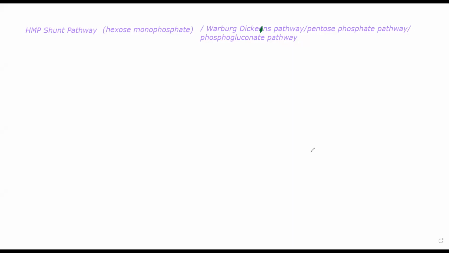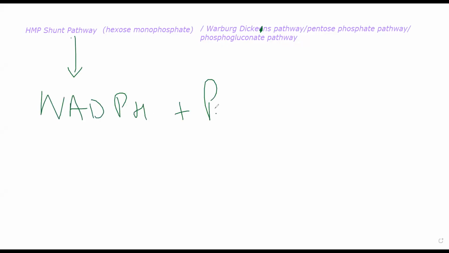Now, the main objective of performing the HMP shunt pathway in your cell is for two products. One is NADPH, ठीक है, and the other is pentoses. ये दो products के लिए HMP shunt pathway perform होता.